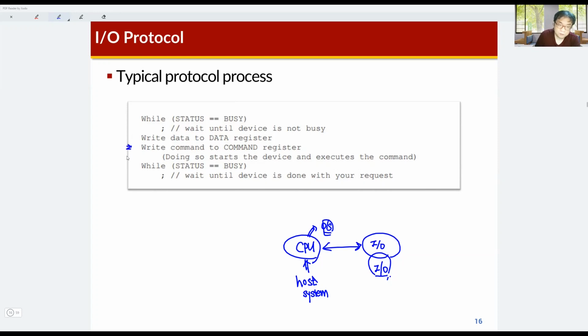So this is a typical I/O protocol for I/O devices: wait, check the status of the I/O device, and then wait, and write some command or data to the register inside of the I/O device. Also write a command to the command register, and then wait, check the status of the I/O device, and wait until this command completes in the I/O device.